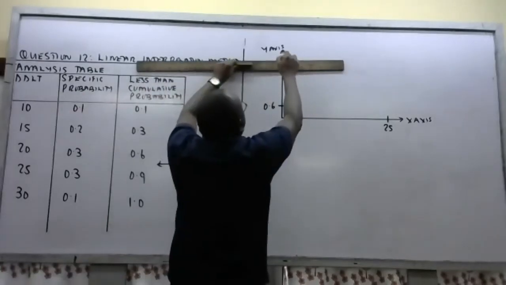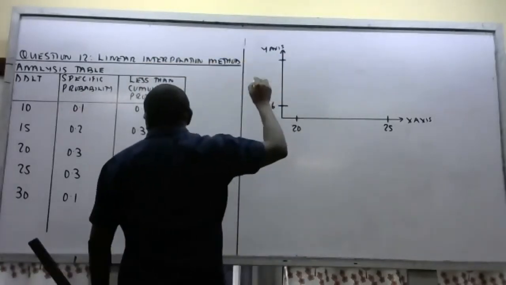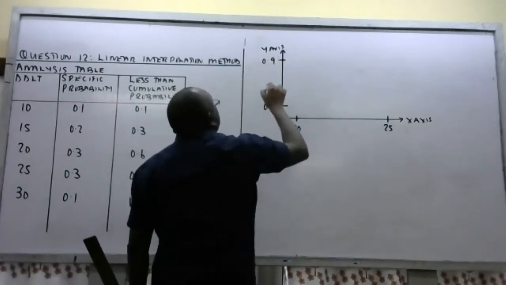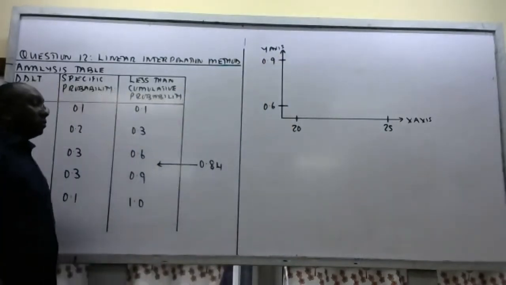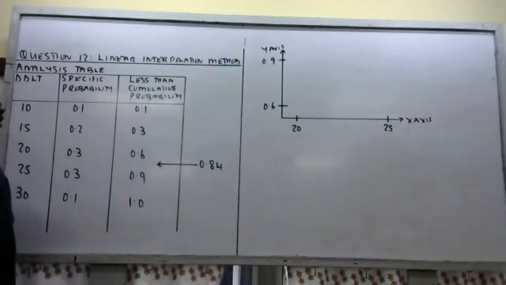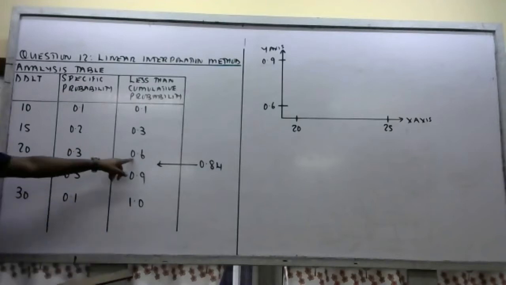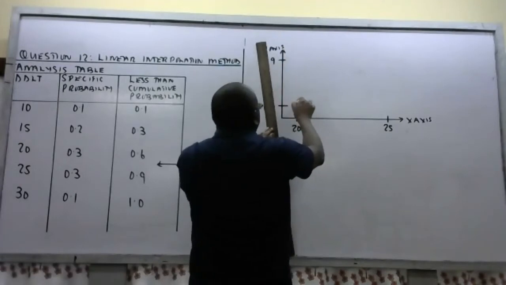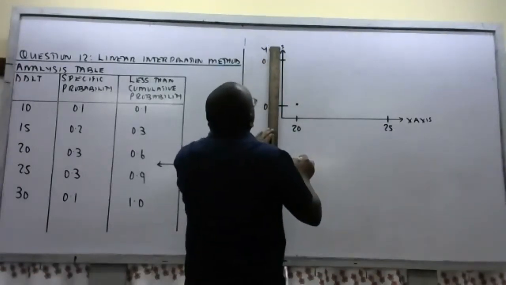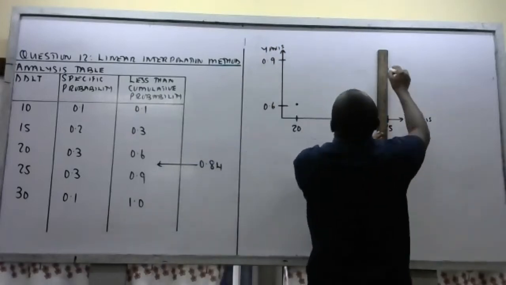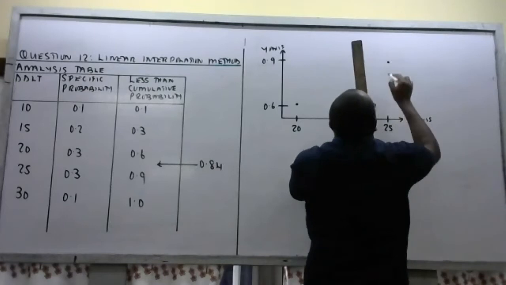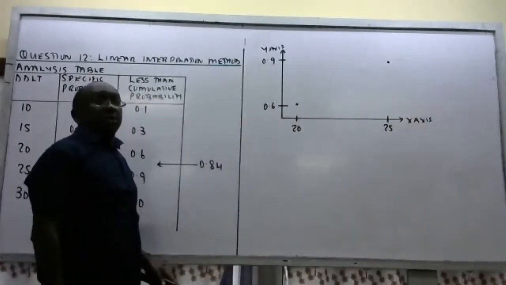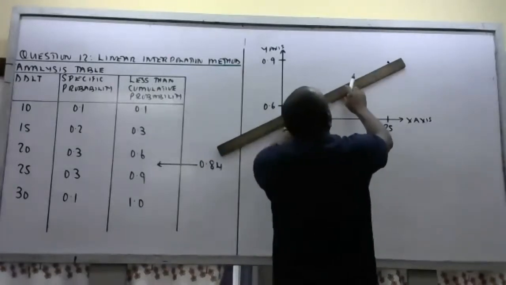And on this side, close to the end, you call it 0.9. Then establish the point where 0.6 meets 20, and where 25 meets 0.9. Those points, connect them with a straight line.